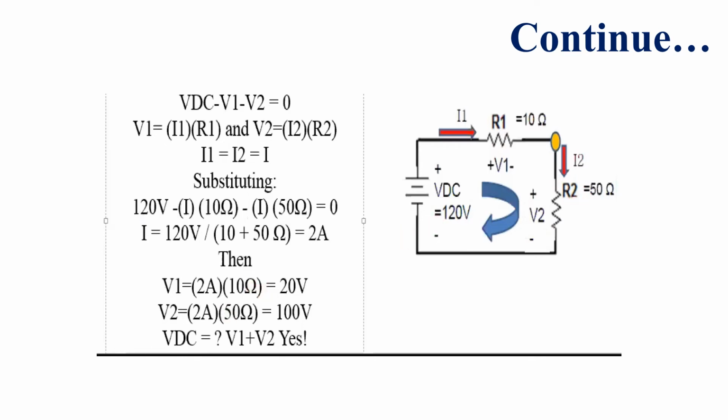So V1 plus V2 equals 120 volt, which is exactly the same value as the battery. This is how we can implement KVL and KCL in the circuit diagram.